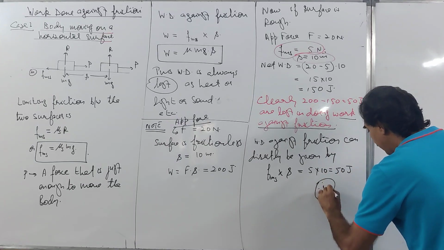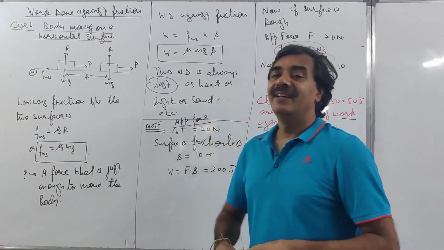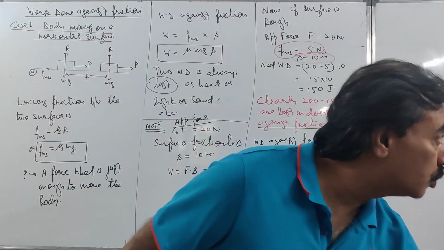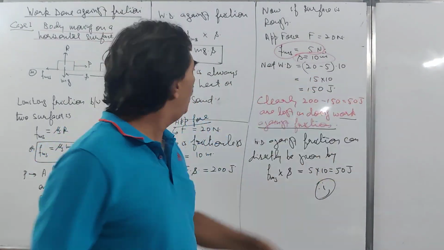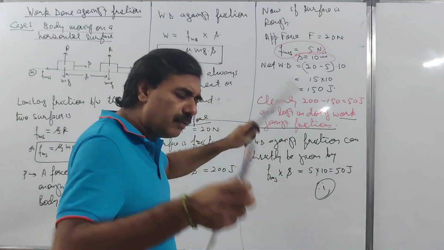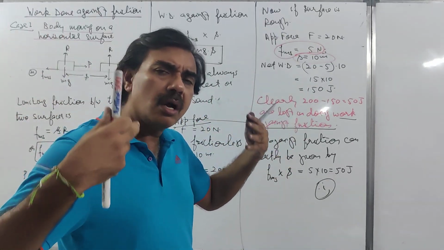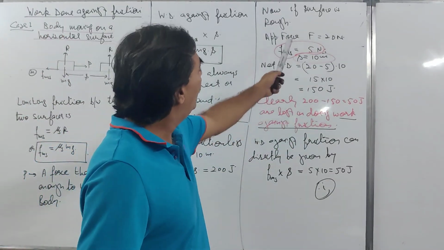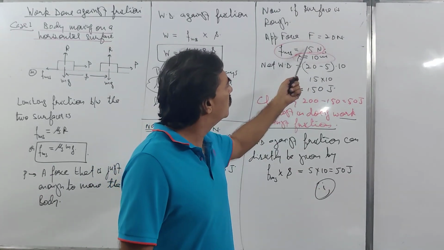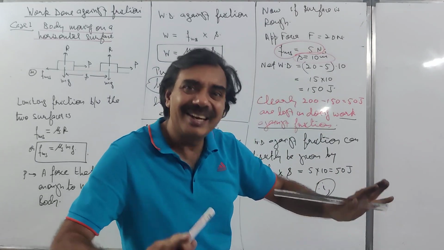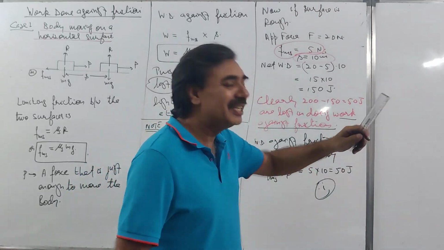I hope clear होगी बात। Here if the applied force was maybe more, had the applied force over here been 100 newtons and the frictional force was 5 newtons, still the work done against friction would have been 50 joules only.